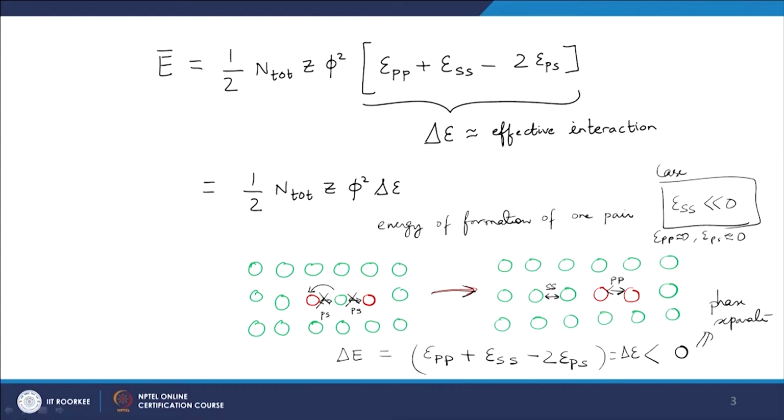Although the solute does not interact with the solvent and there is no interaction between solutes, even then we can have phase separation because the solvent likes itself much more. This is an example we have been giving about the hydrogen bonding in water.